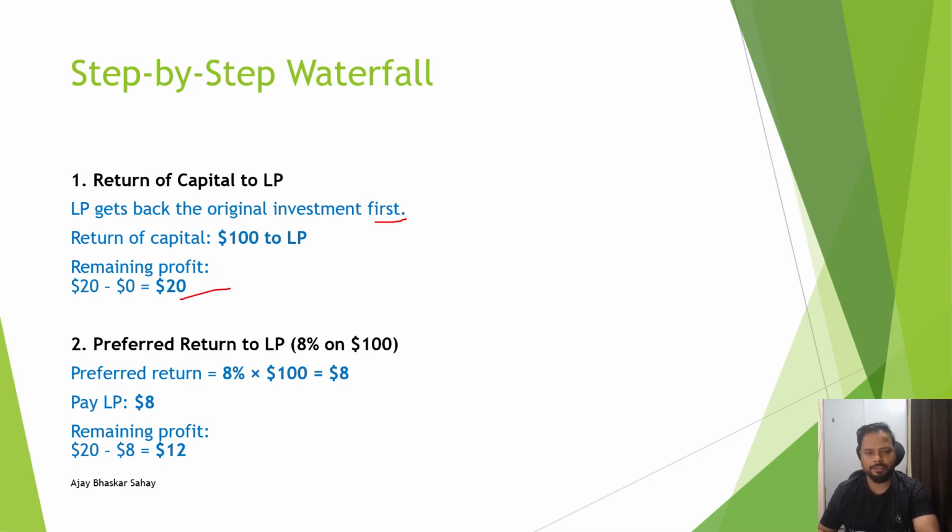Now coming to the second step, the preferred return, which is on the initial investment. 8% on our initial investment of $100, calculated for a year, so it is 8% into 100, which is 8. So the LP gets 8, and the remaining profit after the preferred return is $12.